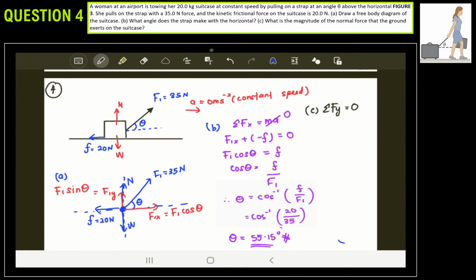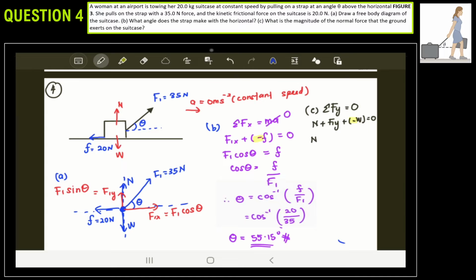So N plus F1y, because the direction is upward, plus negative W, downward, equal to 0. Don't forget this negative. If you write your equation wrongly, the whole calculation will be wrong.